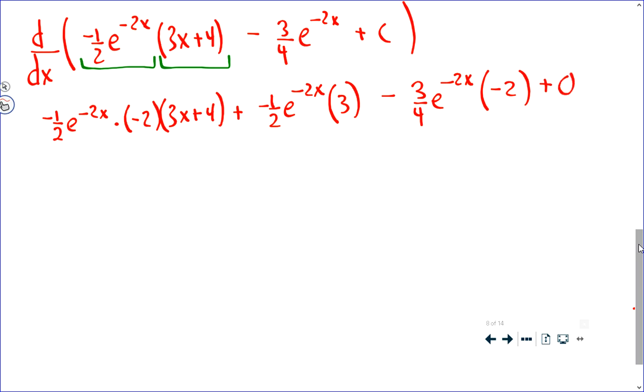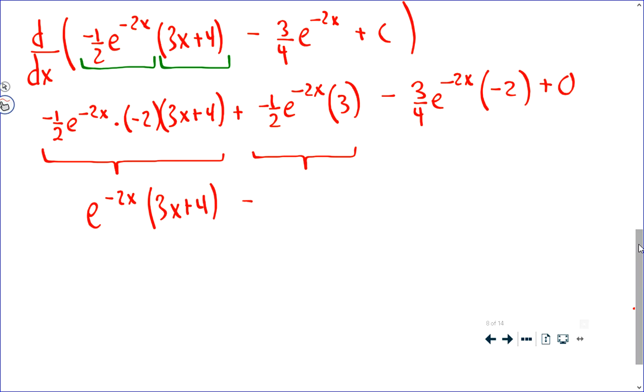So what do we get? In the first term, the -1/2 multiplied by the 2 cancels to give us 1, so we are left with e to the negative 2x multiplied by 3x plus 4. The second term is -3/2 e to the negative 2x.